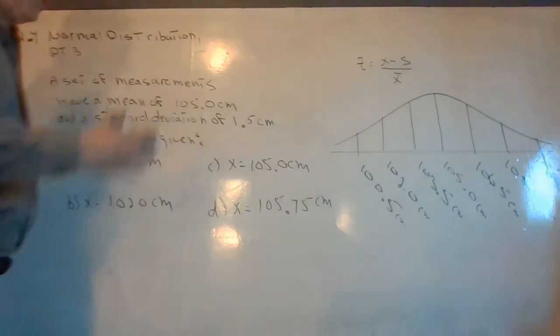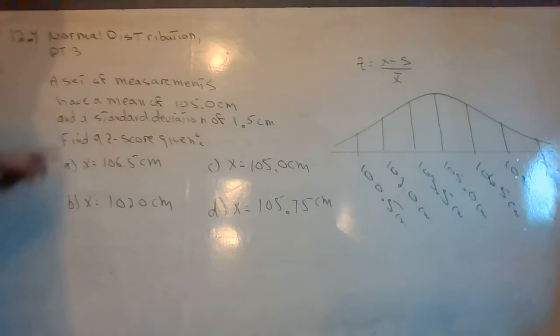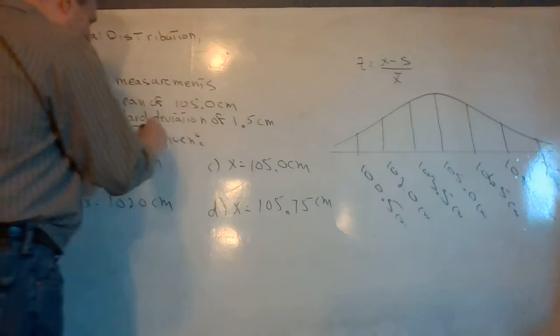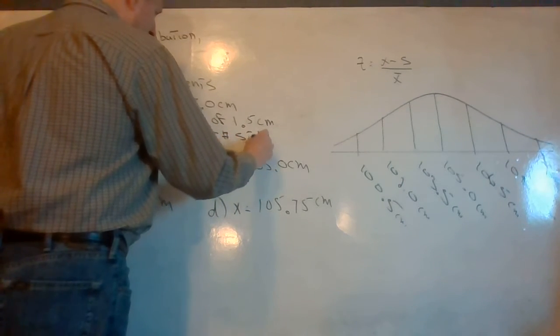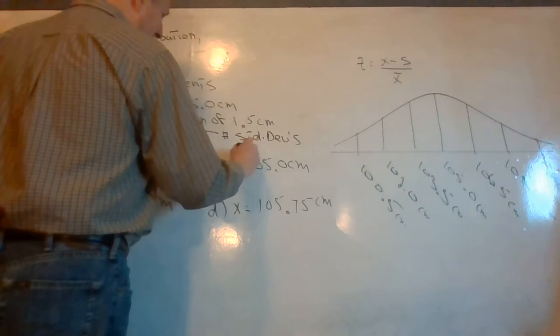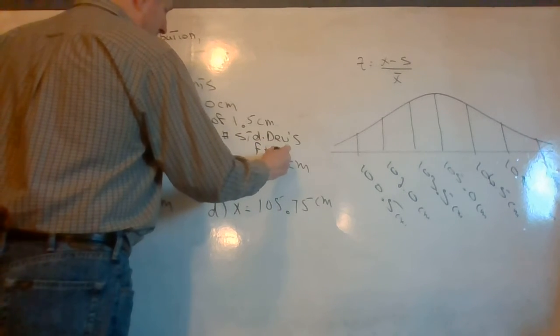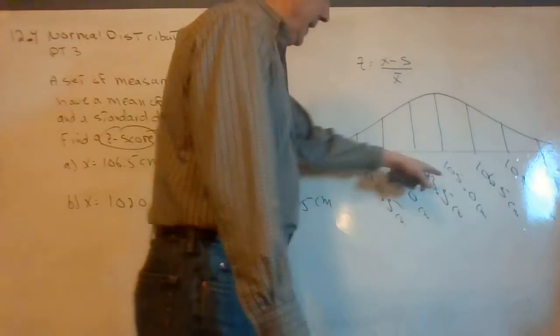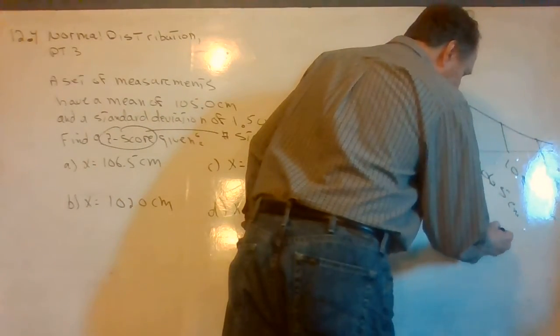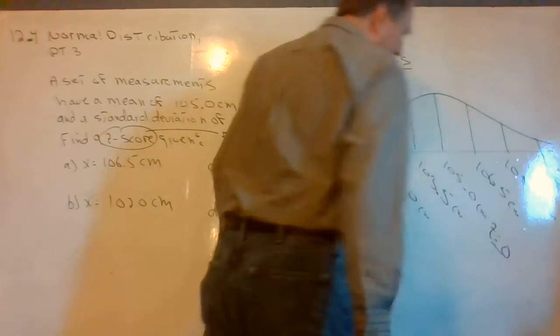Now we can use this to figure out what a z-score is. Z-score is just a fancy name for number of standard deviations from the mean. So right in the middle, we're at the mean, z equals 0.